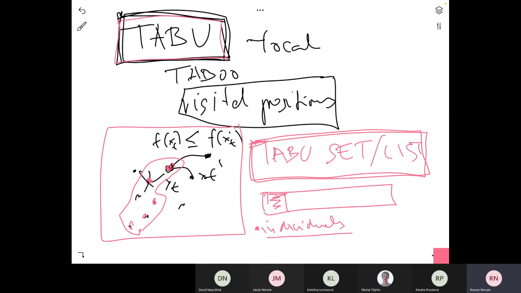So for special problems, instead of individuals, you put the so-called moves there, meaning you remember the operation that took you from one position to another, and you put the move there, like the form of the mutation. So for example, if your algorithm operates on a graph or a binary individual, then the mutation is swapping some 0 to 1, for example.